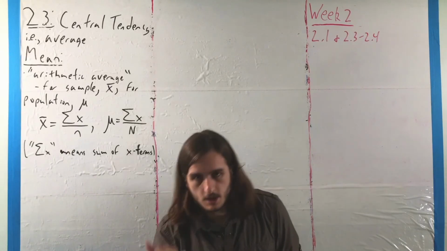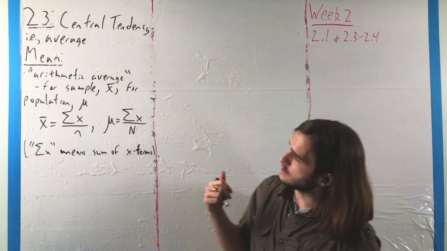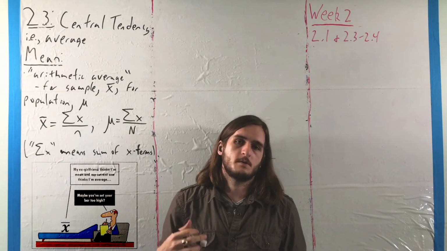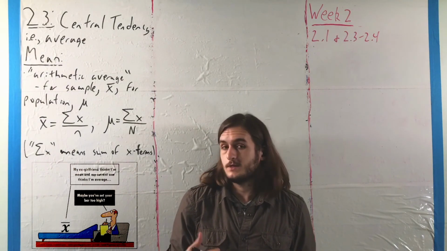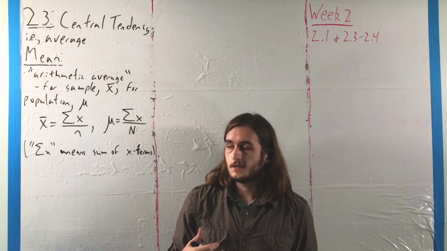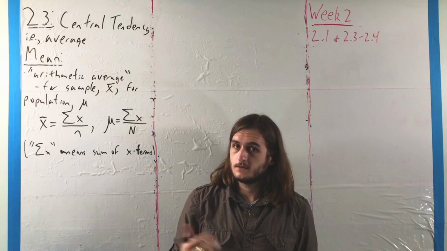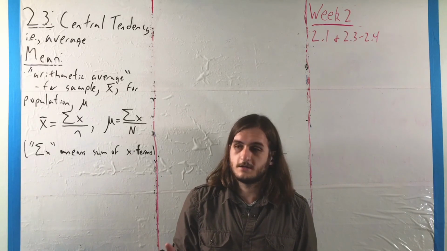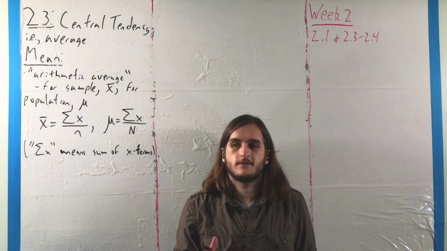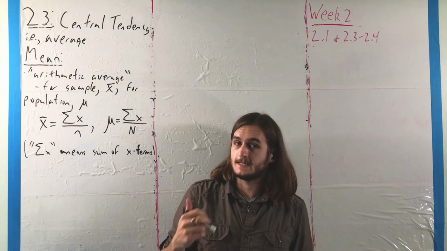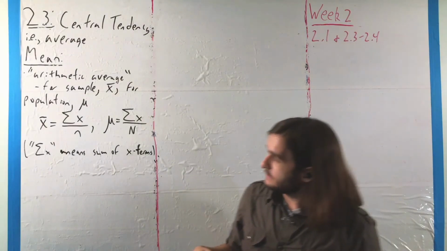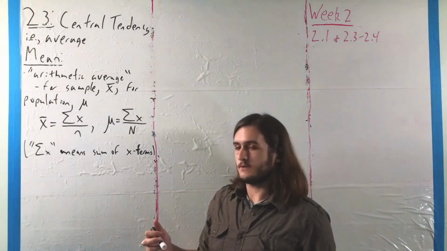And the place we're going to start talking about this is with the mean. The mean is probably what most people think of when they initially think of an average. In particular, if you're looking on Excel, for example, when you compute the mean, you just tell it to compute the average. So it's very often thought of specifically that way, and a lot of times people call it the arithmetic average.